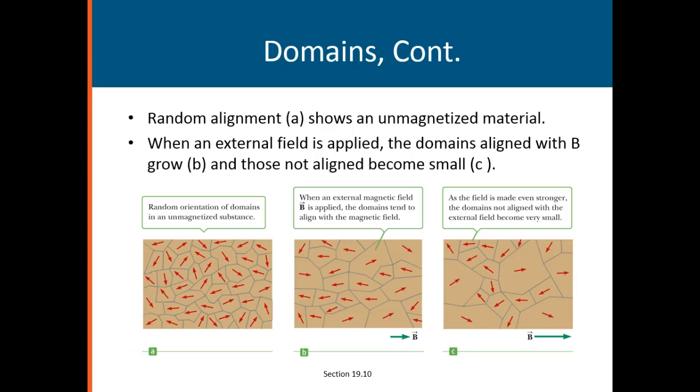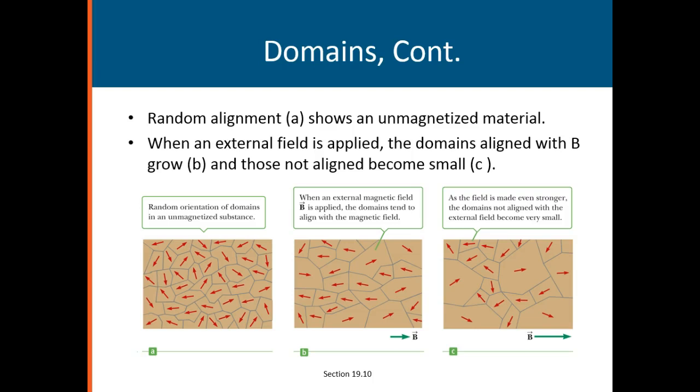Okay? However, if you put a magnetic field on that, now all of a sudden those domains, and I don't know if they blew this up or if it was intentional, they indicate that the domains go together, and if the magnetic field is in this direction, the domains line up generally in the opposite direction.